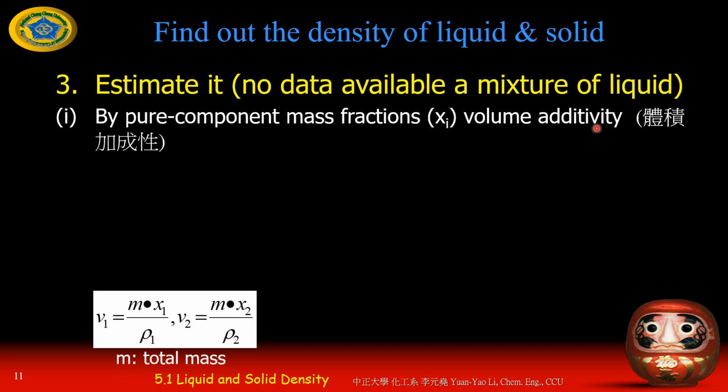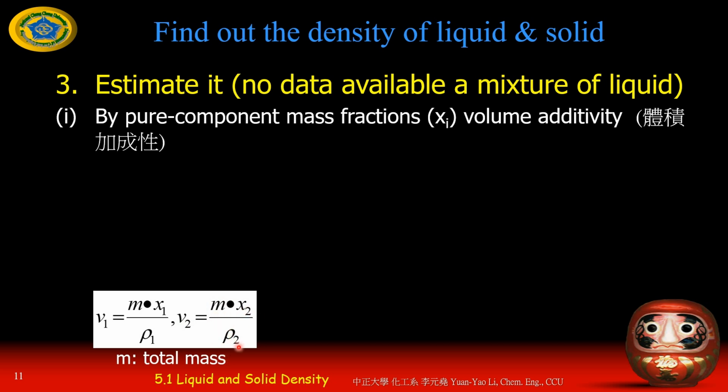So this is an example. For example, V1 represents water, V2 represents alcohol. So V1 will be mass times X1, X1 is the fraction of water, right? Divided by density of water. And then V2 will be equal to M, the mass, times X2, X2 is the fraction of the alcohol, divided by what?